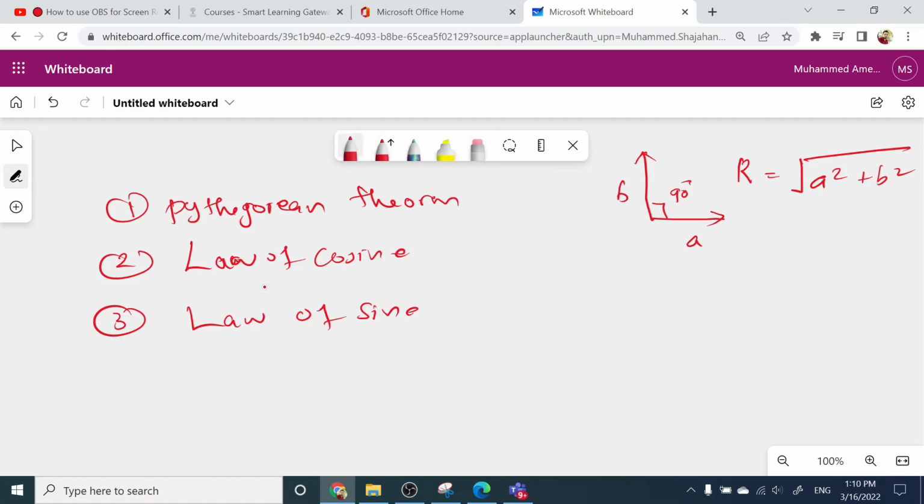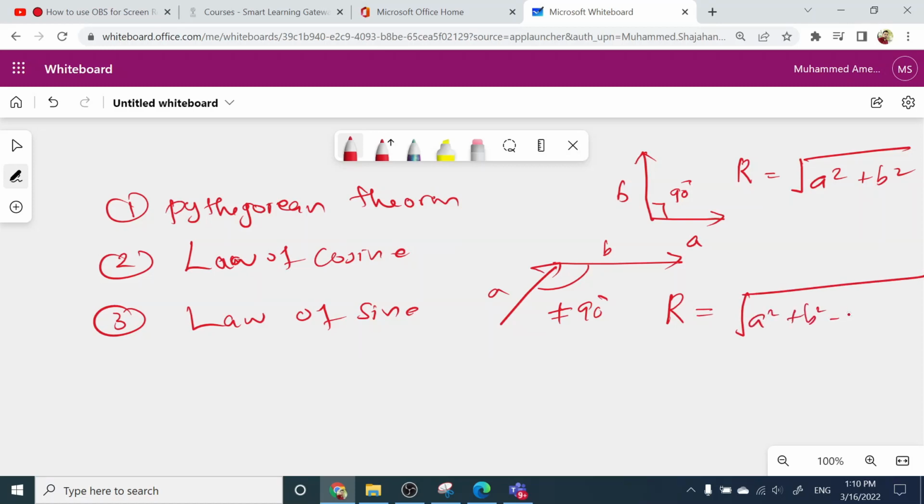In which situation will we use the law of cosine? We have two vectors, for example vector A and vector B, and the angle between these two vectors is not equal to 90 degrees. In those situations we will use the law of cosine, that is R is equal to the square root of A square plus B square minus 2AB cosine theta.